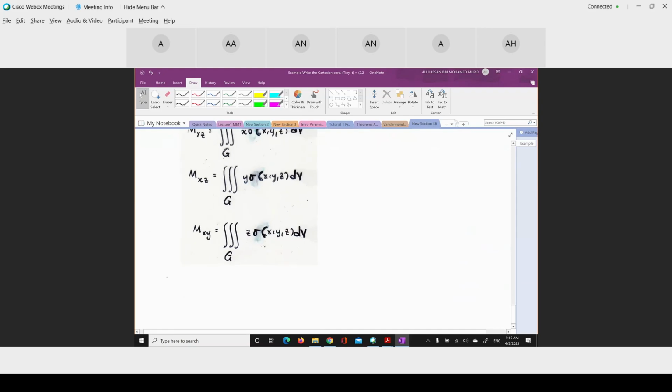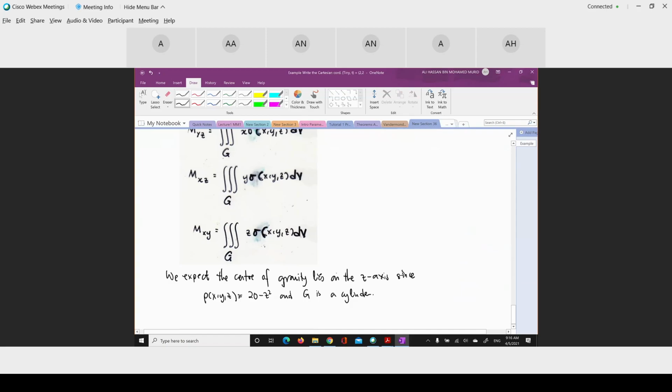So we expect the center of gravity lies on the z-axis. Why? Since rho is given only in terms of z, and G is a cylinder.